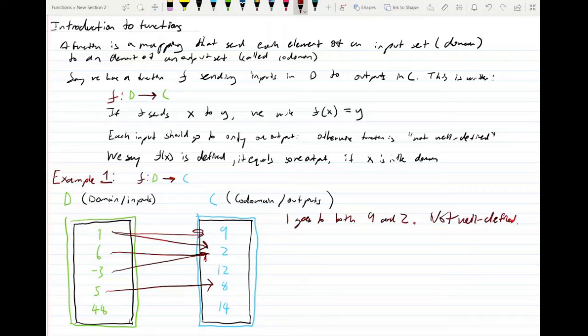It is also not well defined because f of 48 goes nowhere, right? 48 does not get sent anywhere. So f from this domain doesn't work. So this is not a function.